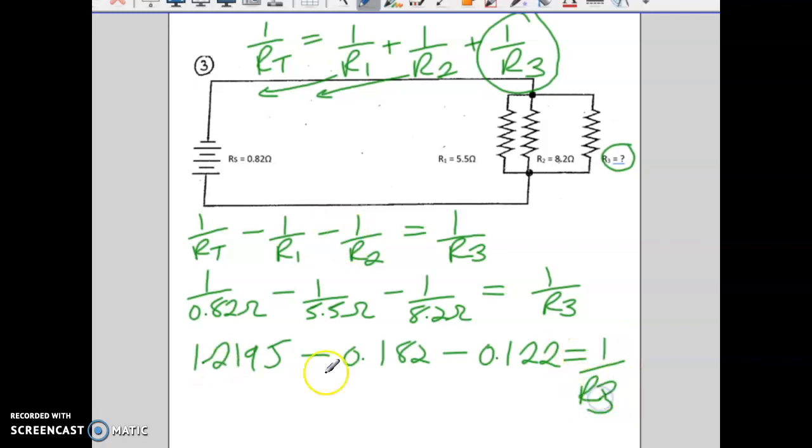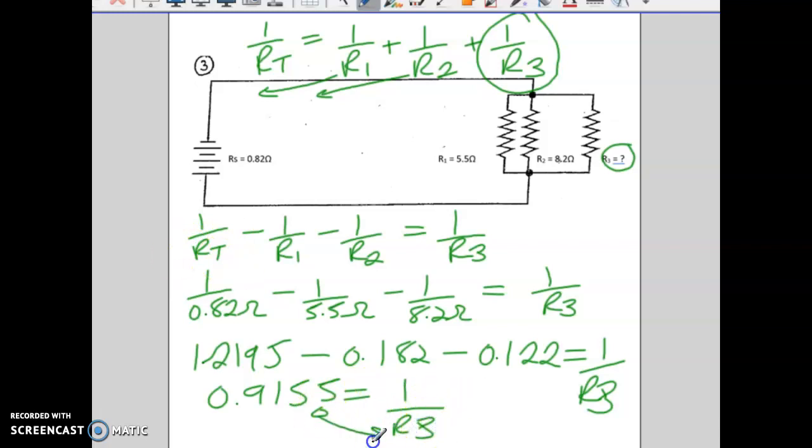Okay, and we'll do the calculations here. 1.2195 minus 0.182 minus 0.122. We get 0.9155 is equal to 1 over R3.